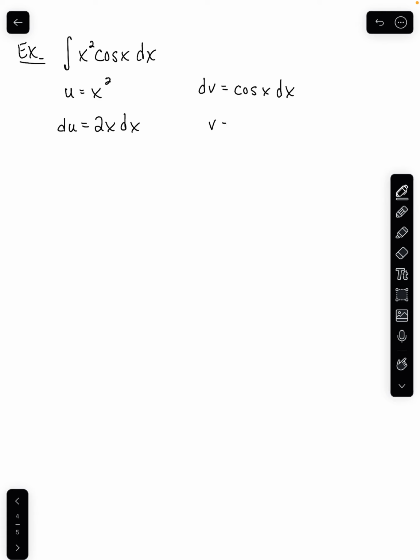And the antiderivative of cosine of x is, of course, positive sine of x. So once again, we have the pieces that we need here. And let's see how that does.